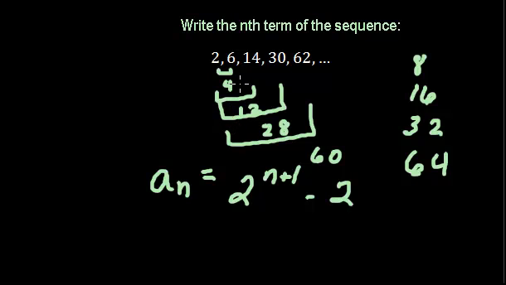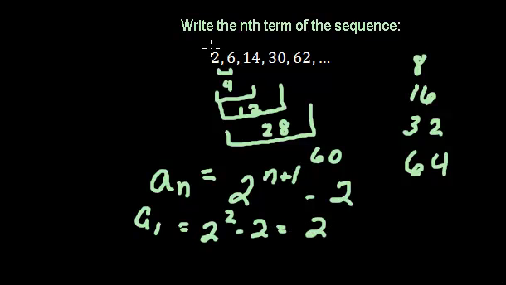Now, I had to check it and make sure that it worked. Starting with a sub 1, if n was 1, that would be 2 to the 2nd minus 2. Now I'm going to check: 4 minus 2 is 2, and that corresponds with this one. So that works.